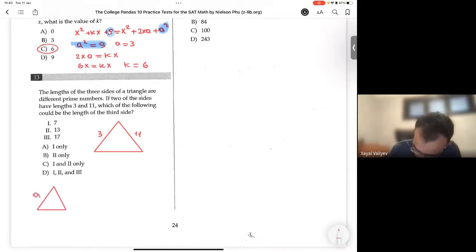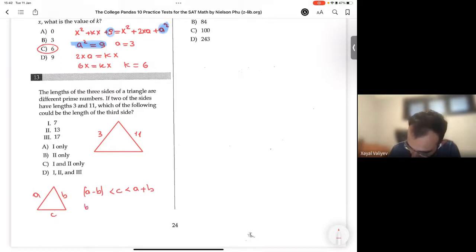Triangle ABC, I know that basically, let me write it this way: the difference between two sides is less than the third one, and the third side is less than the sum of those two sides. I can keep writing it for the other parts.